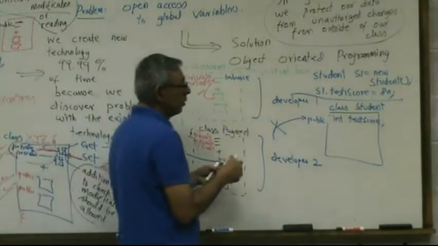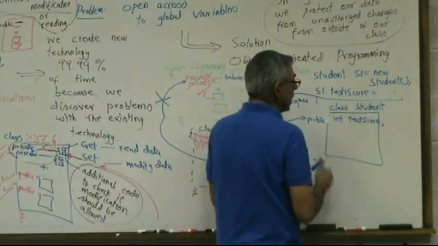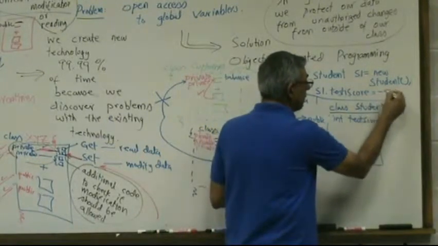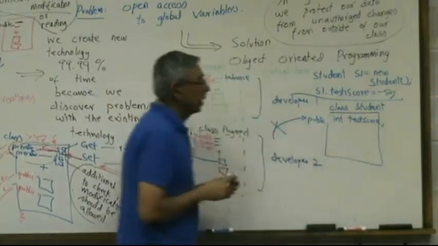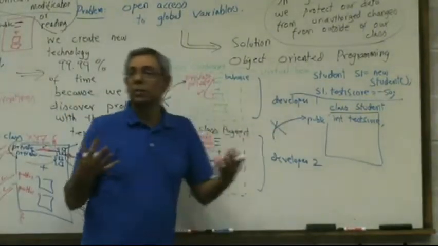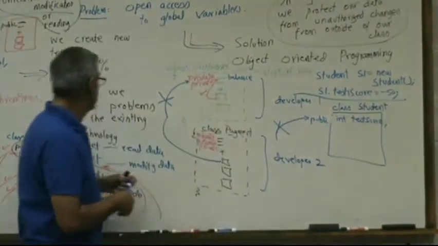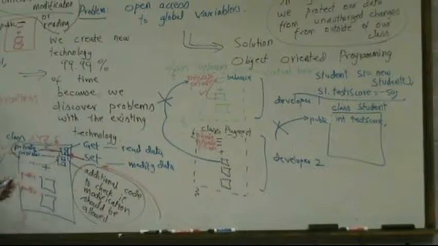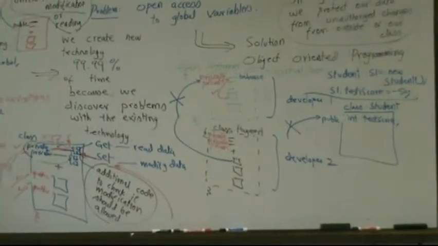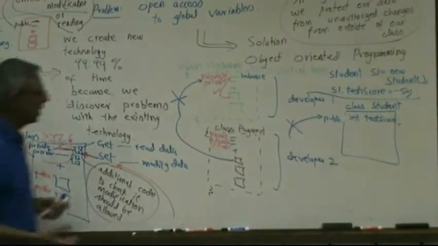What if somebody said S1 dot test score equal to -50? Will this code work? Yes, because it's public. Anybody can do anything, right? Now let me put a gatekeeper over here, which is essentially this get and set function, and show you that if we try to modify it outside of 0 to 100, it will not allow it.